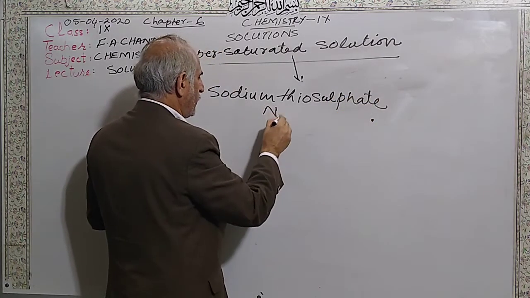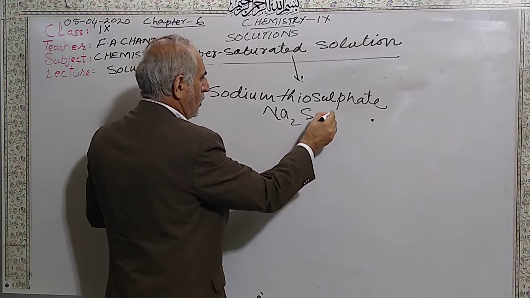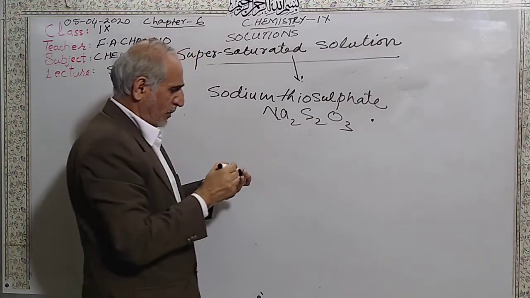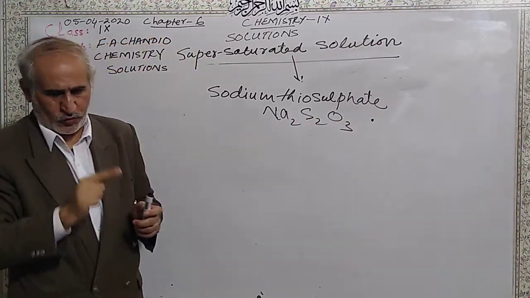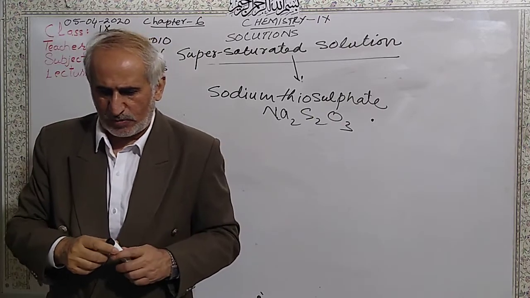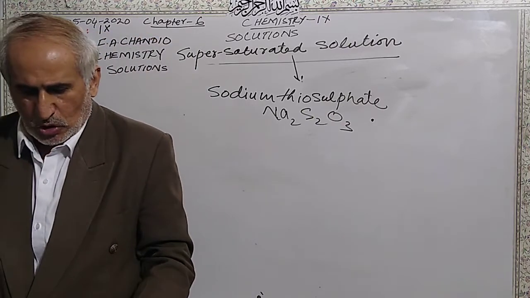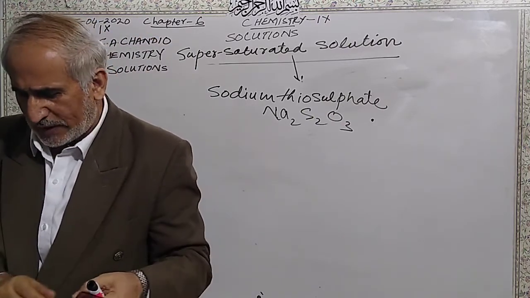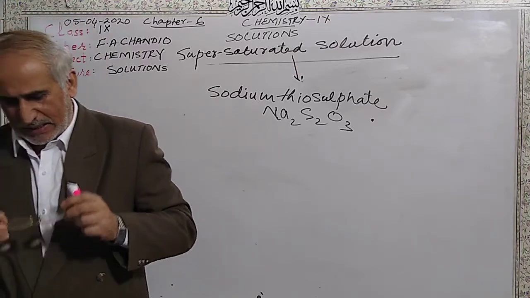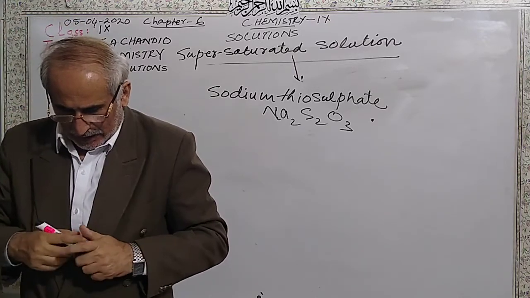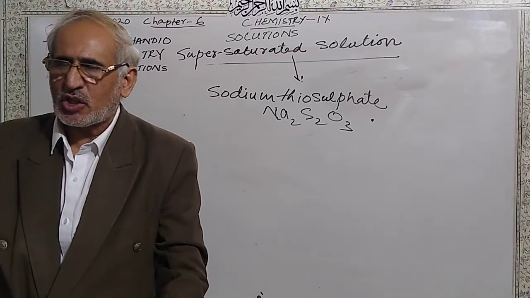If you have the formula, this is the formula of sodium thiosulfate. Very beautiful long needle-like crystals of sodium thiosulfate are here. So there is one activity in your book, and you can see the diagrams given there.